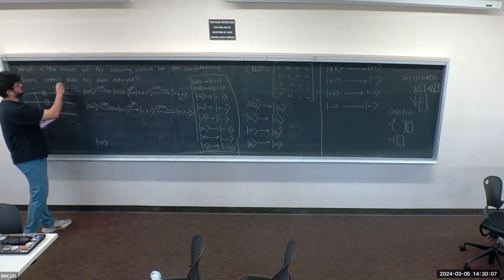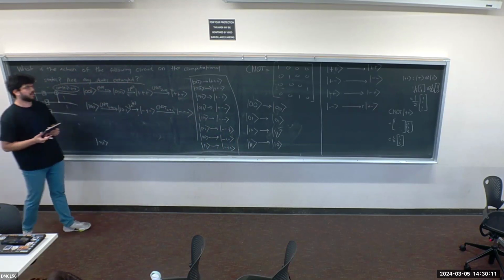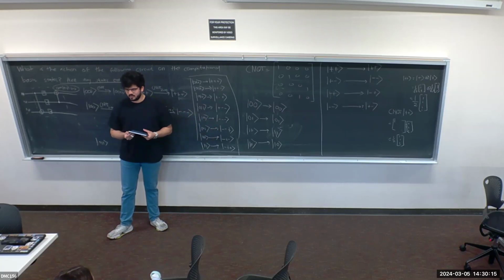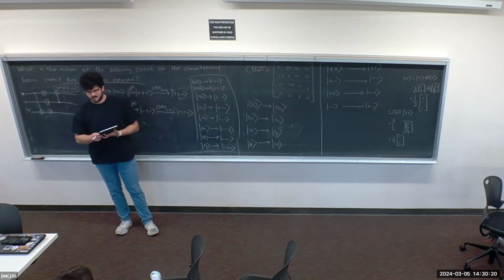Now the second part of the question: are any states entangled? Are any of these resultant states entangled? What do you think? Why? You can present the tensor product.